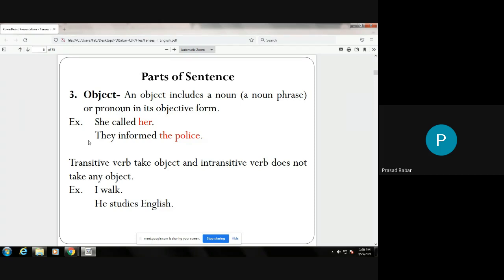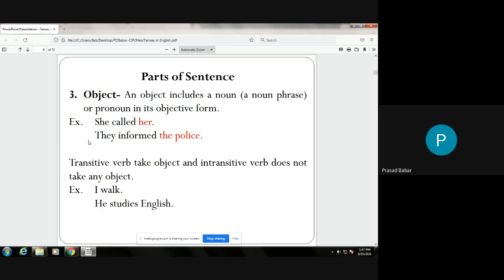Okay, why is it so? Because here in the first example, her is the pronoun in objective form, and the police is the noun phrase. We are using it as an object in this sentence. They informed the police. The is the article that we are using, and police is the noun, and that is why the police becomes the noun phrase.